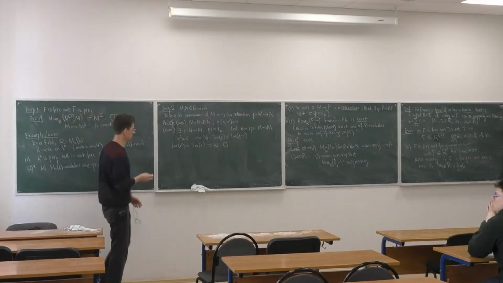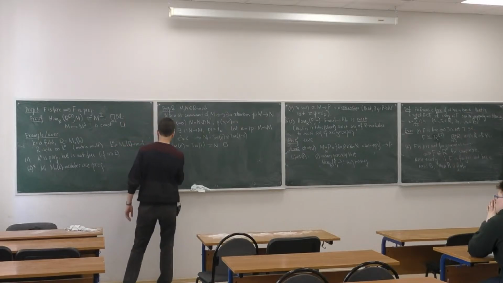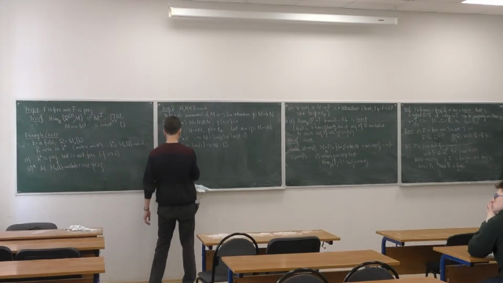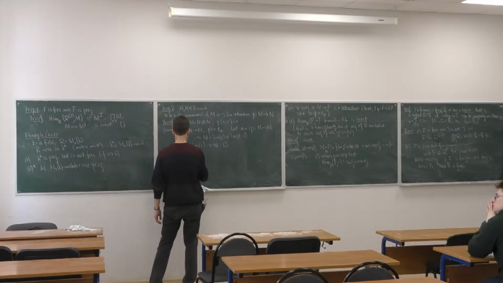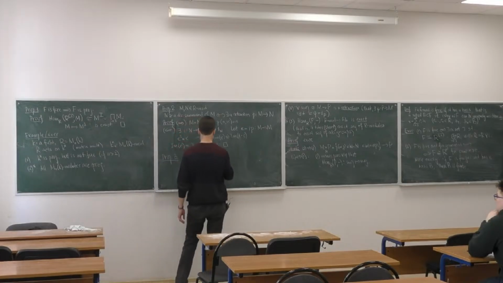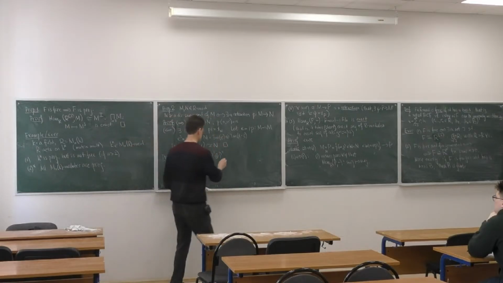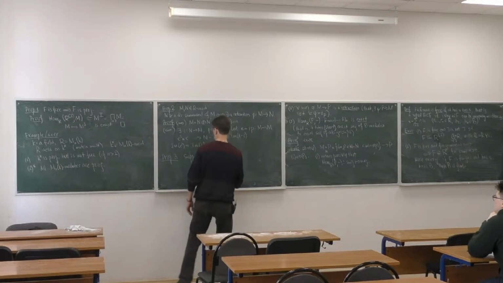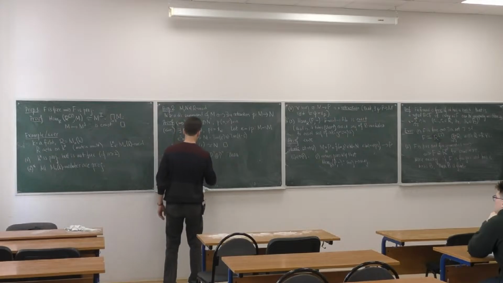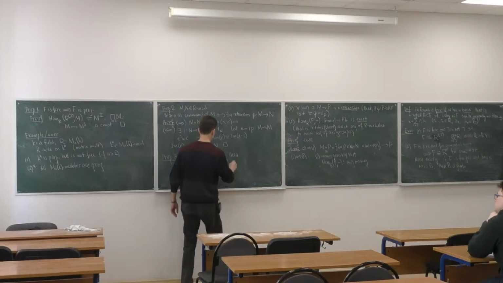Let's now observe that projectivity is inherited by direct summands. This is proposition 3. If a module P is decomposed into two direct summands, say P prime and P double prime, then P is projective if and only if both P prime and P double prime are projective.